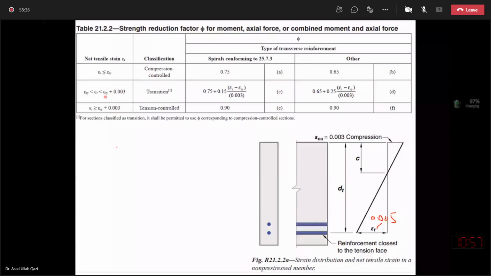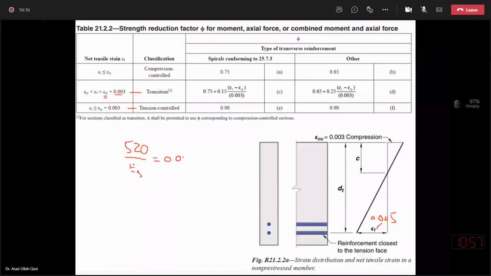If it is 0.0026, add in that fixed 0.003, and then use that as the magnitude over here to classify the cross section, whether it is tension controlled or in the transition. For example, as I have given you example, if you are using, suppose, 520 grade, so 520 over modulus of elasticity 200,000 megapascal will give you how much yield strain?